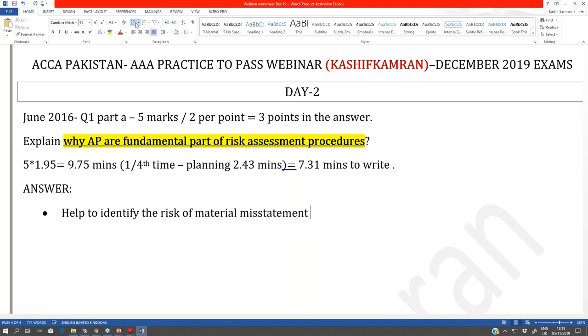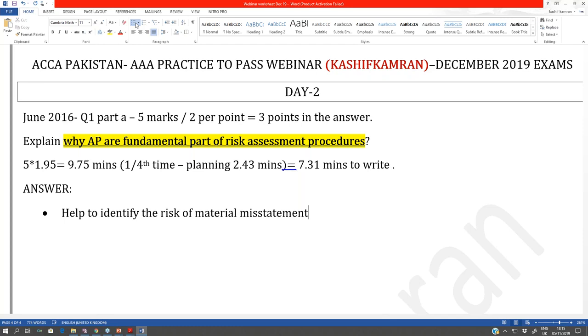Analytical procedures are very beneficial at the planning stage of the audit, because at this stage the auditor performs ratio analysis, performs a comparison of the current year with the last year, and does trend analysis. This all helps the auditor to identify unusual fluctuations, and those unusual fluctuations then help the auditor to identify the risk of material misstatement. So analytical procedures are a very important part of the risk assessment procedure.